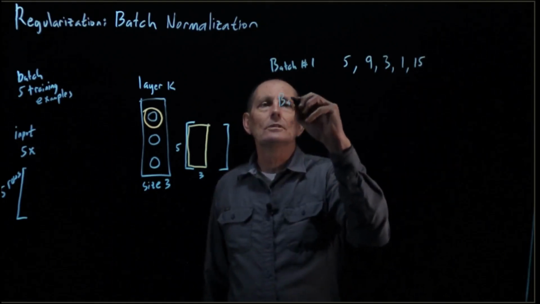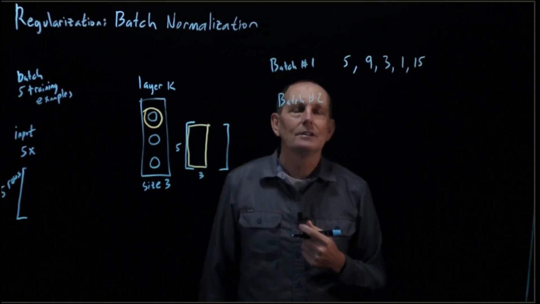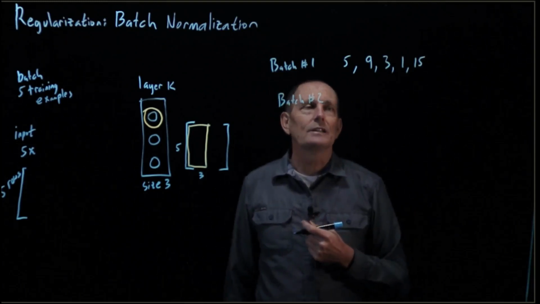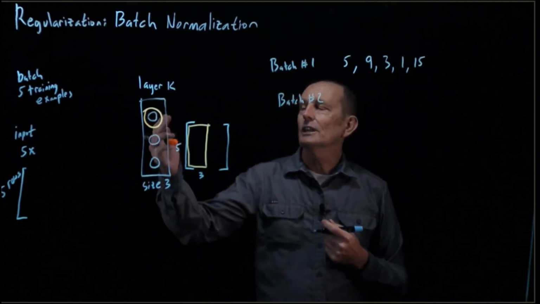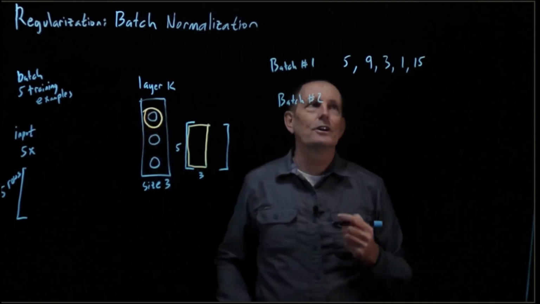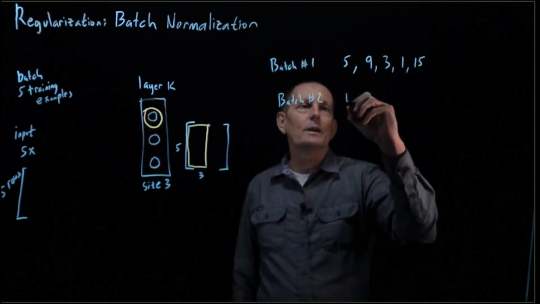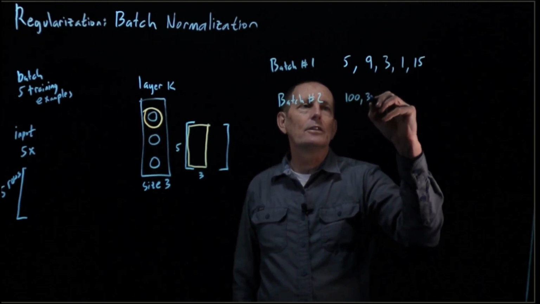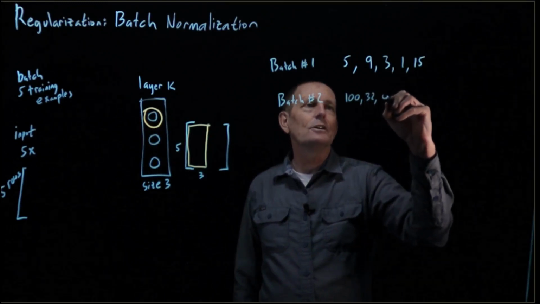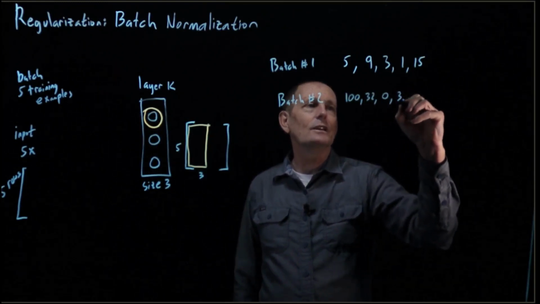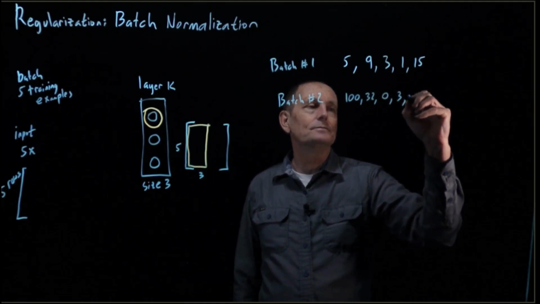Batch 2, a different set of 5 training instances, might have, at layer K, the output of the first node be quite different. We might have, let's say, 100, 32, 0, 3, and 8.